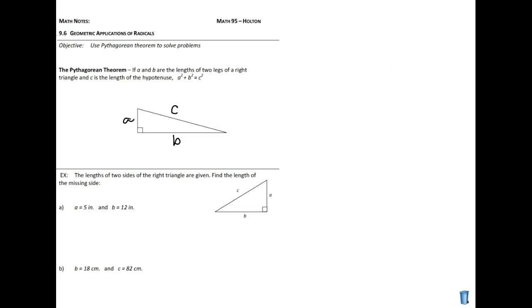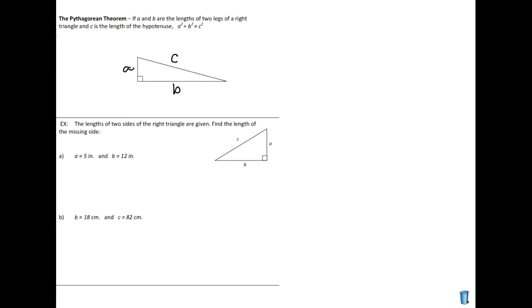Okay. So when we put that into application here, let's figure this one out. If A is 5 inches and B is 12 inches, we're going to use the formula A squared plus B squared equals C squared.